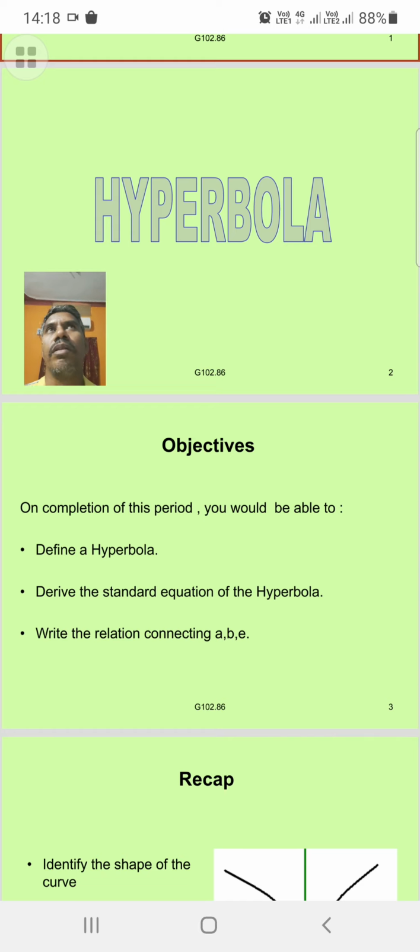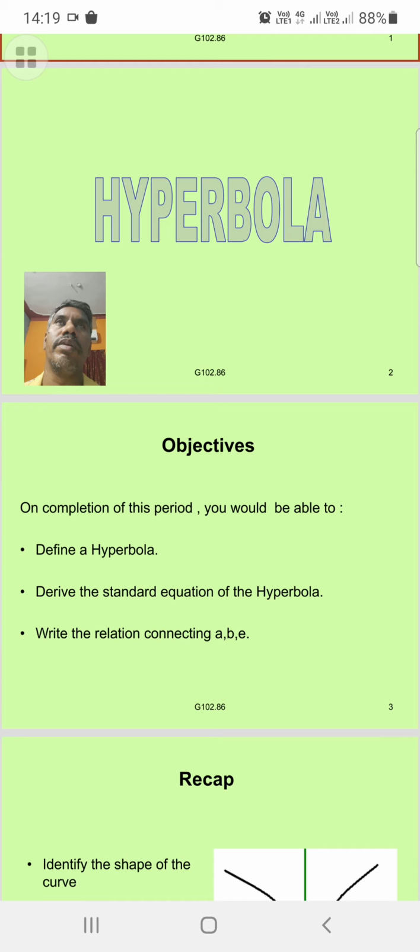In the parabola, eccentricity is equal to 1. In the ellipse, eccentricity is less than 1. Here, in the hyperbola, eccentricity is greater than 1.